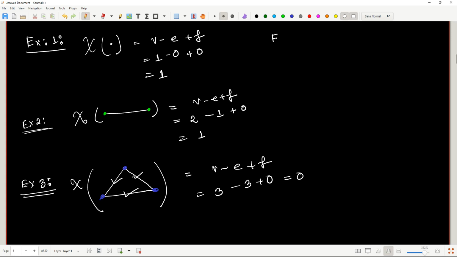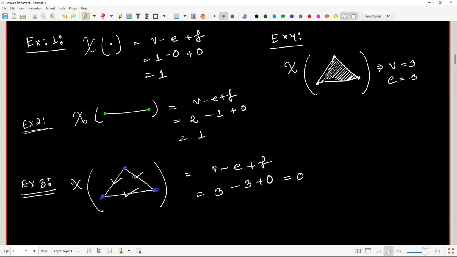And let's take another example. Example 4. Here we want to compute the Euler characteristic of a solid triangle. This time the triangle is filled in. Okay. So again, you see there are 1, 2, 3 vertices. So vertex would be 3.